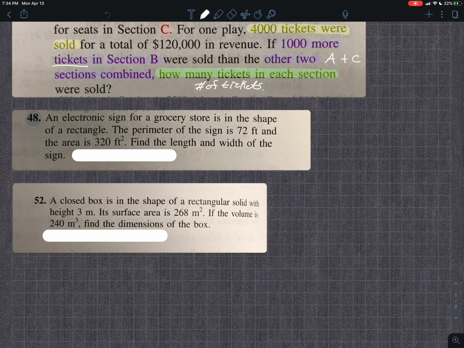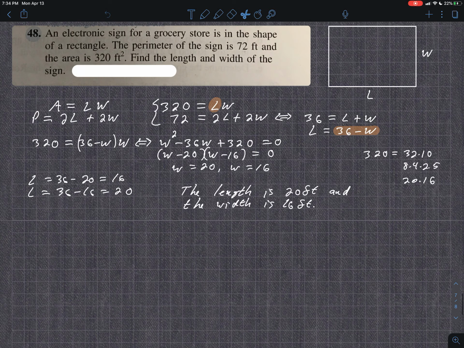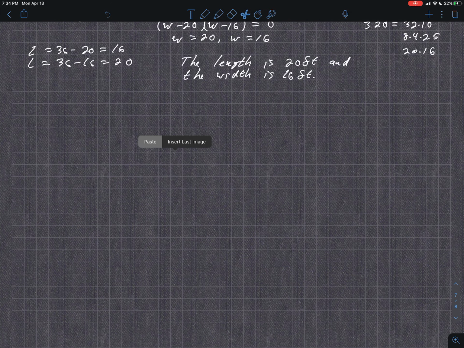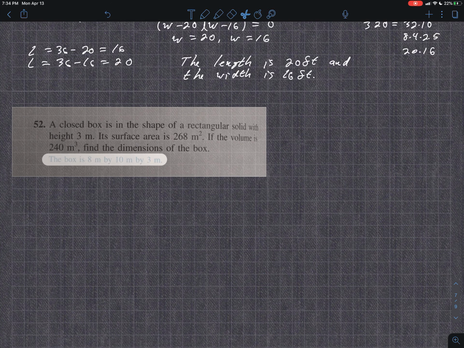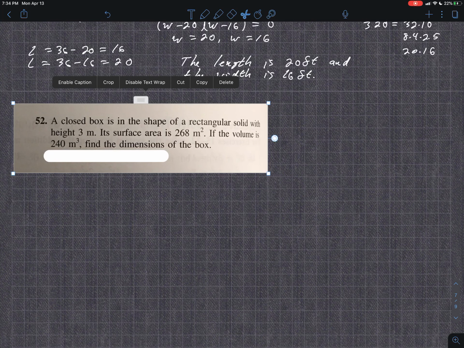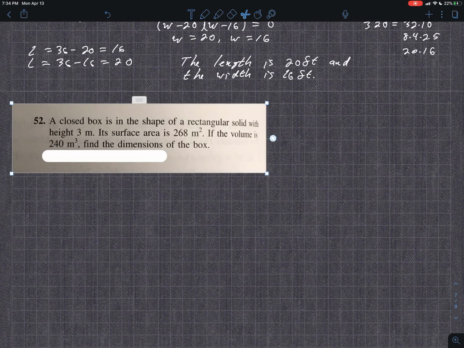Okay, so try this one. I have another one. Let me copy this over and come back. So we'll do this example. This is the last example in this section. So try this example.